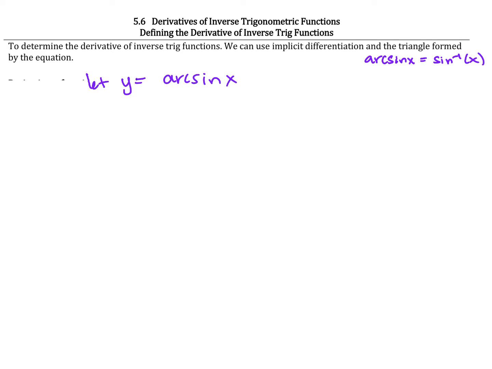It's sort of personal preference on which way you write it. So if I let y equal arc sine of x, my goal is to be able to say y prime equals something, my issue here is I don't know what the derivative of arc sine is equal to.